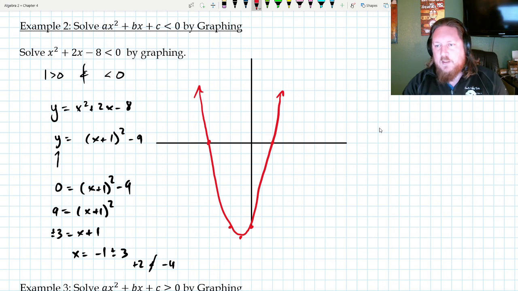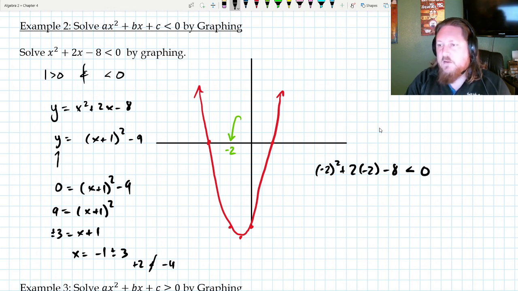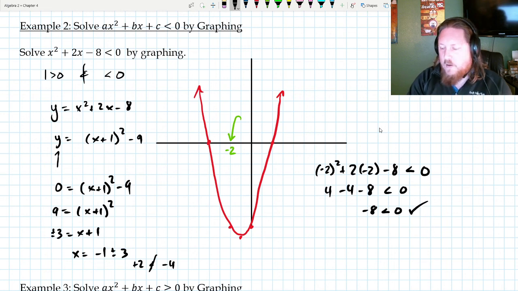Now I expect the solutions to be in between, so pick an x value that's in between. How about negative 2? Negative 2 squared plus 2 times negative 2 minus 8 should be less than 0. 4 minus 4 minus 8, negative 8 is less than 0, so that checks out. So my solutions are in there.